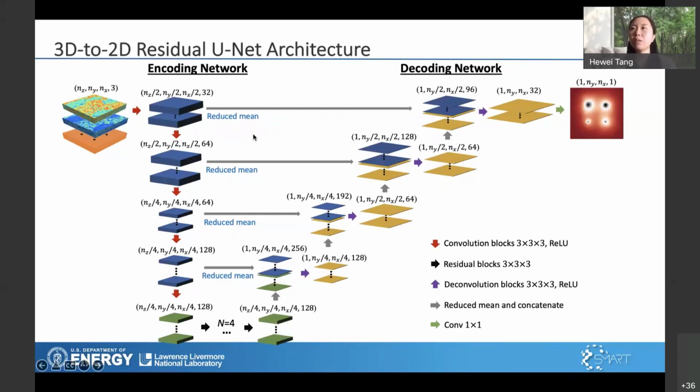We add a reduced mean layer before the concatenation layer. It allows us to reduce the 3D feature maps to 2D feature maps, which are then concatenated to the decoding network. We tried different methodologies to reduce the 3D dimension, and it turned out the reduced mean is the most efficient one.